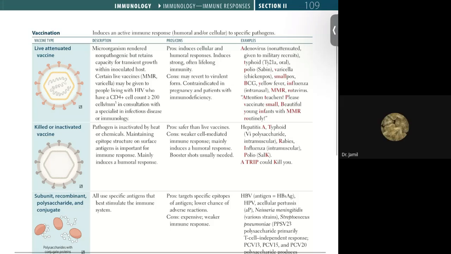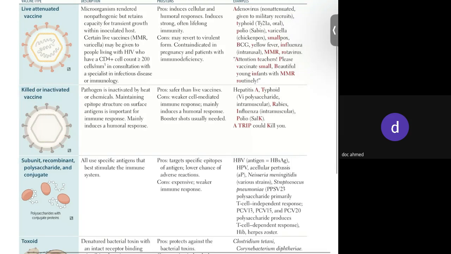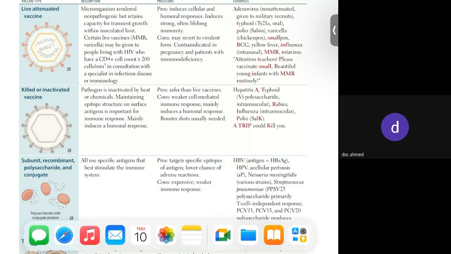For the killed and inactivated vaccines, how do we kill a pathogen? There is a difference between pathogenicity and immunogenicity.